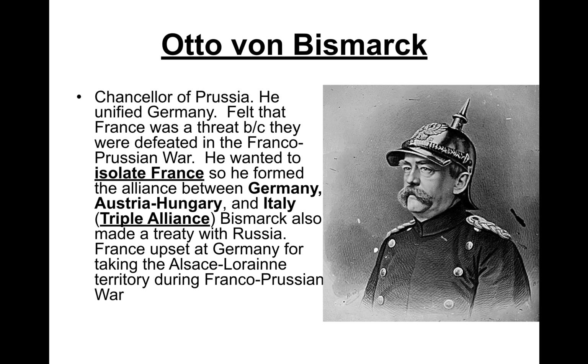As a result of this, he also formed, excuse me, an alliance. And this alliance was called the Triple Alliance. And this was between Germany, Austria-Hungary, and Italy. Not to mention did he also create this Triple Alliance, but he also made a treaty with Russia. Now, Russia, guys, is huge.